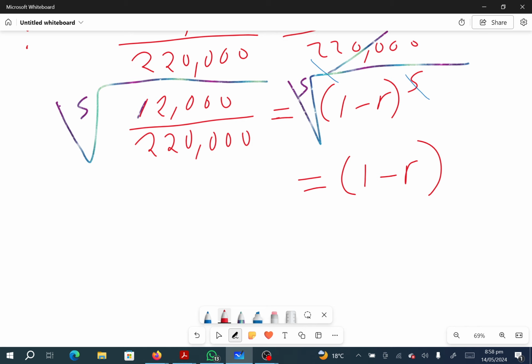So let's compute that. You go into your calculator, you type a 5, then you type the fifth root. I showed you how to do it. So say fifth root, then you open your bracket, you say 12,000 over 220,000, then close bracket.